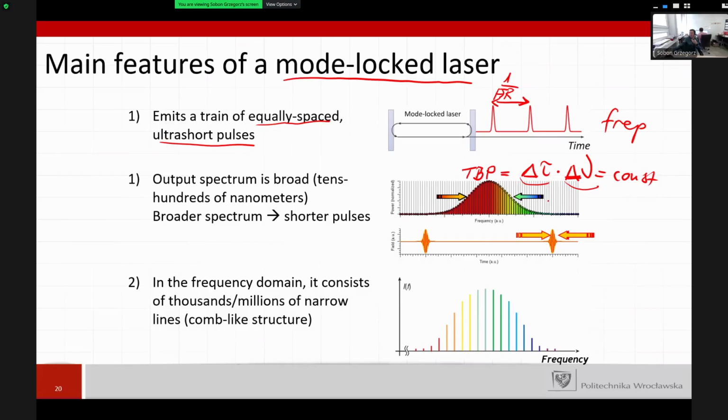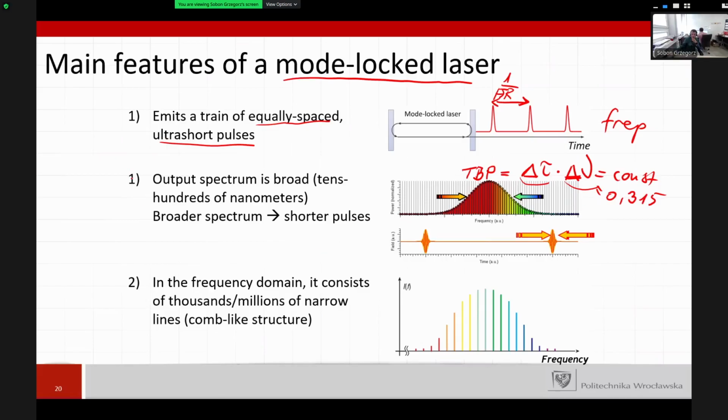If you want to make a shorter pulse, you need to have more bandwidth. So this is the physical limitation, that we cannot have pulses shorter than resulting from this equation. In case of lasers, this is usually equal to 0.315.